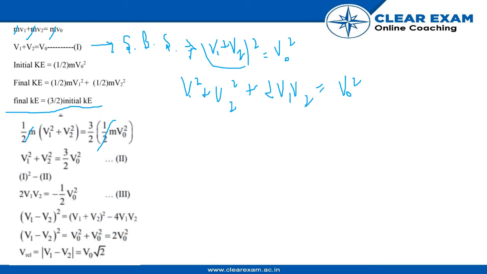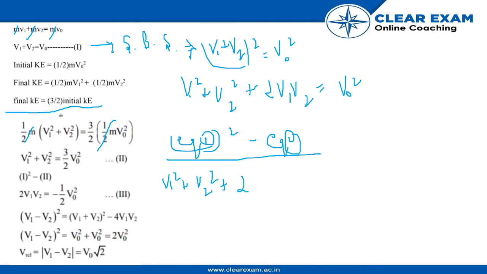And if we subtract our equation number 2 from this, then after performing equation 1 squared minus equation 2, we have v1 square plus v2 square plus 2v1 v2 minus (v1 square plus v2 square) equal to v0 square minus 3 by 2 v0 square.